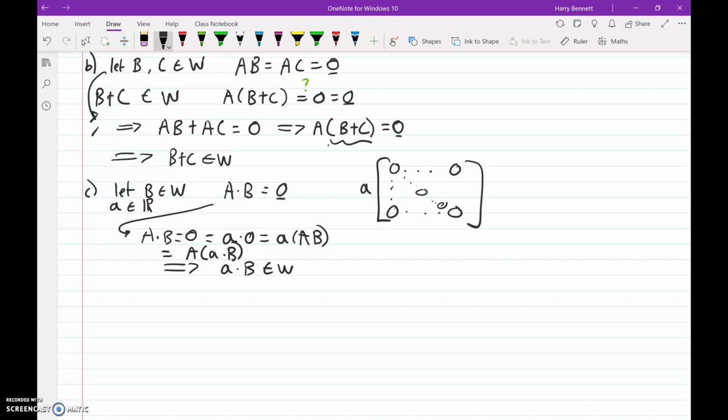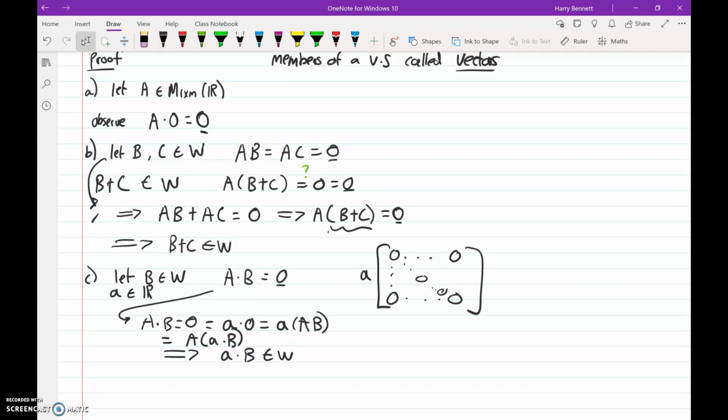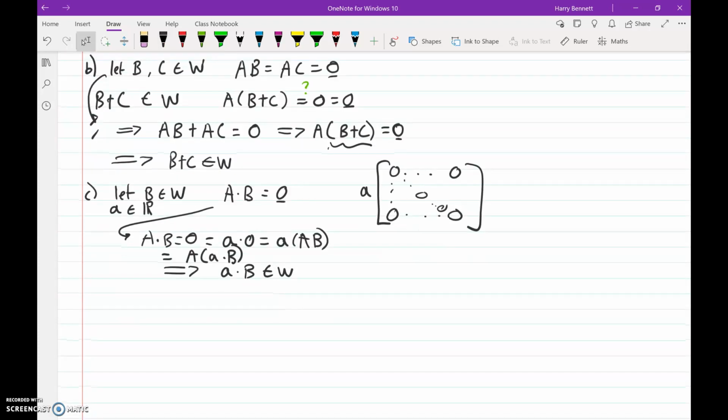Now, if you're not quite convinced of my arguments here, where I've just commuted A and B, and up here I've distributed, these are standard rules of matrix multiplication. You can prove them more rigorously, but you would have to use the definition of matrix multiplication.